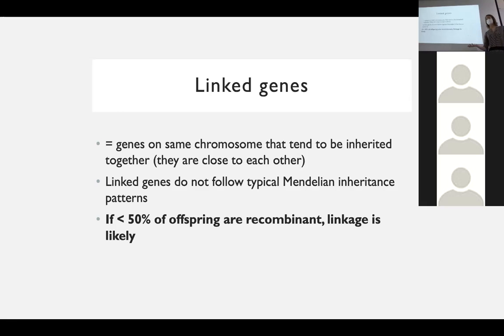If you get less recombination, you probably have some kind of linkage going on where one gene is almost attached to another gene, so they both get inherited together. So that's all linked genes are. They're close together, they tend to be inherited together.